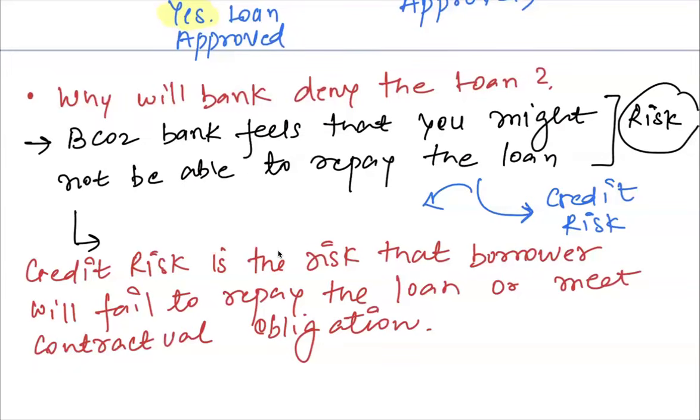So this is what we call credit risk. It simply means that it is the risk that the borrower will fail to repay the loan.